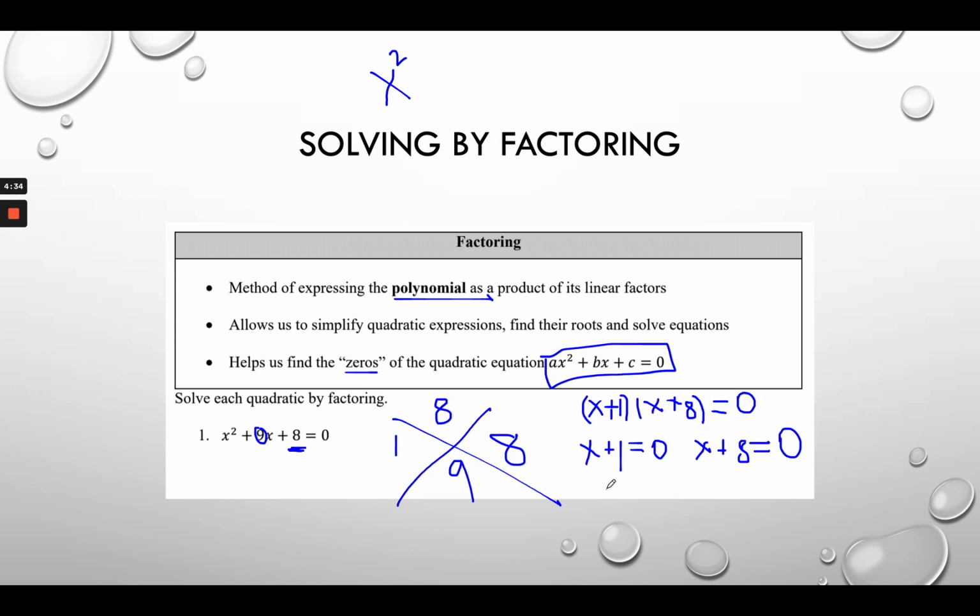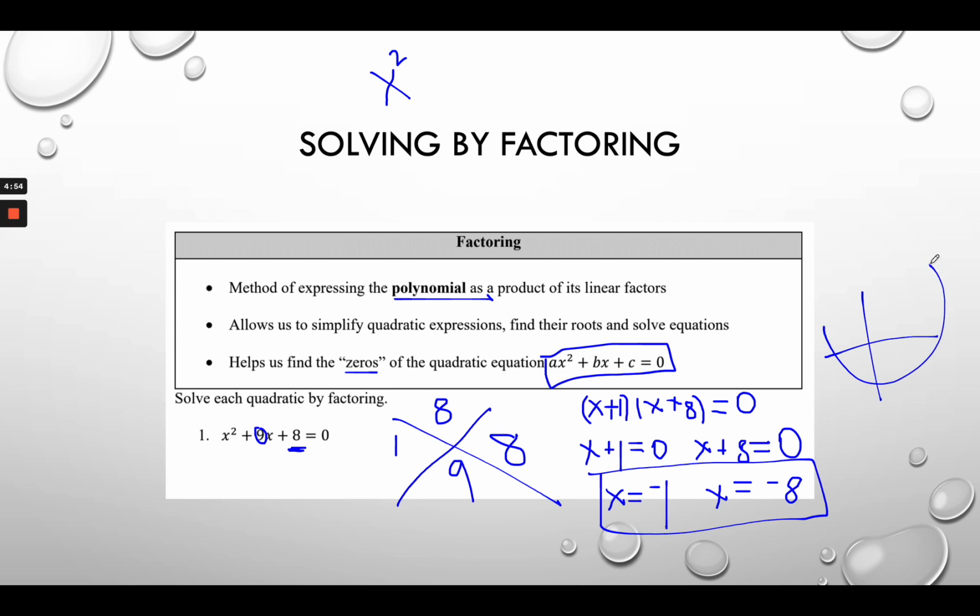Right here you'd subtract 1 from both sides, so you'd get x equals negative 1, and x equals negative 8. There are two solutions, which makes sense because this is not an exact graph, but it would be a parabola going up, so it would hit the x-axis 2 times.